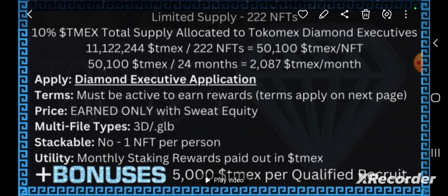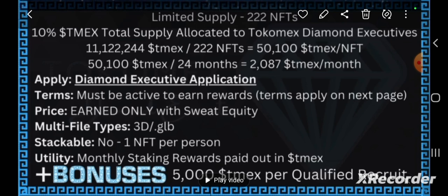Our diamond executives will always be forever. Diamonds are forever. But the actual sweat equity part of it, putting in the work, well, we're going to be already at the top and we're going to have blown up in 2 years. And at that point, the diamond executives will be kicking back, counting their TMEX, you know?